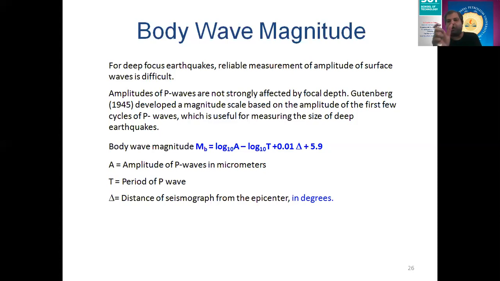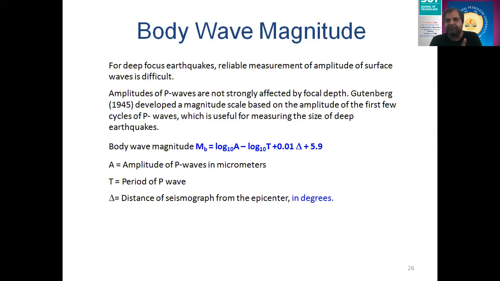As I said, it is the body wave magnitude, meaning the recording of body waves, especially the P wave, is used to find the value of MB.